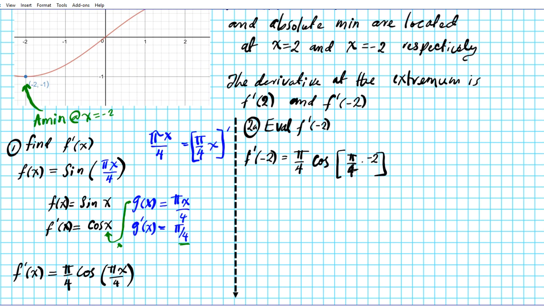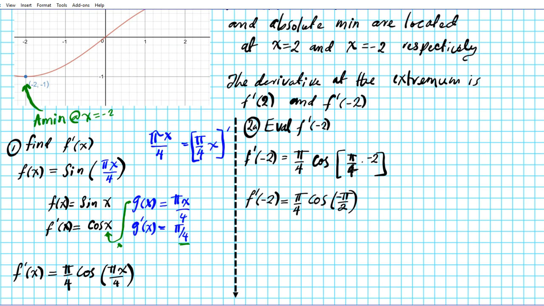Okay? So if we simplify that, we're going to have f prime of negative 2 equals pi over 4 cosine negative pi over 2. Alright? So we can easily figure out what that is.